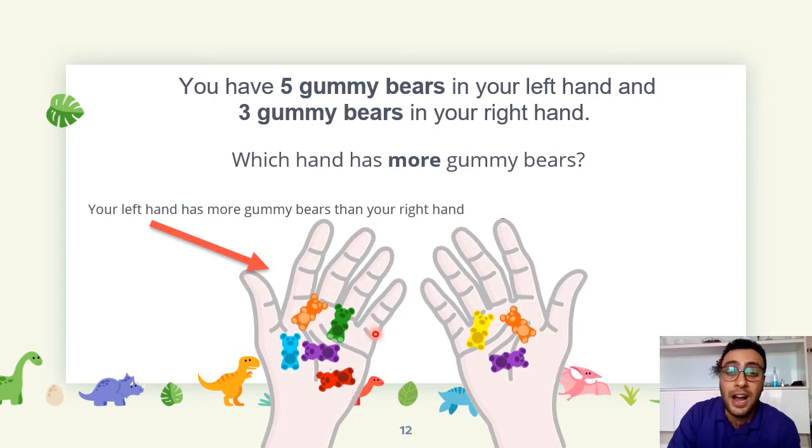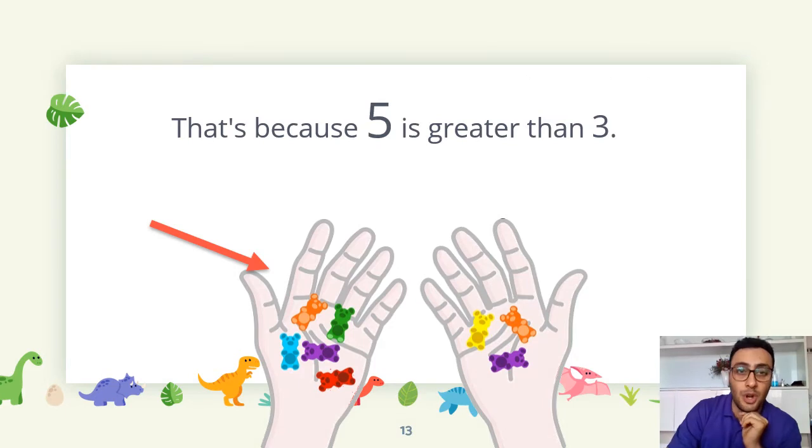And 5 is a greater number than 3. Or 5 is a bigger number than 3. So, we write that's because 5 is greater. Greater means bigger than 3.